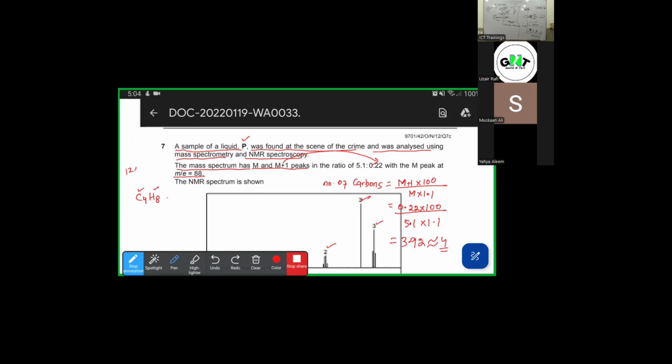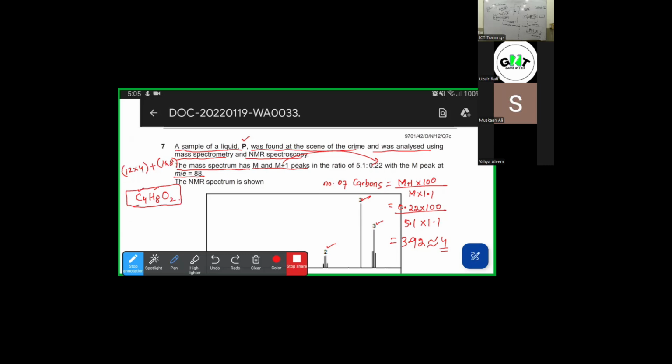So 12 into 4 for carbon and 1 into 8 for hydrogen. So what would it be? 48 plus 8, that would be 56. Yes. 88 minus 56 would be 32. So 32 means we got 2 oxygens up here. So that is the formula of the compound by mass spectrometry.